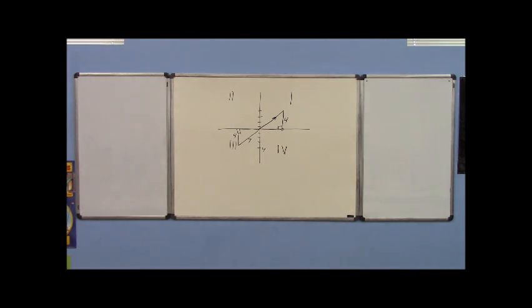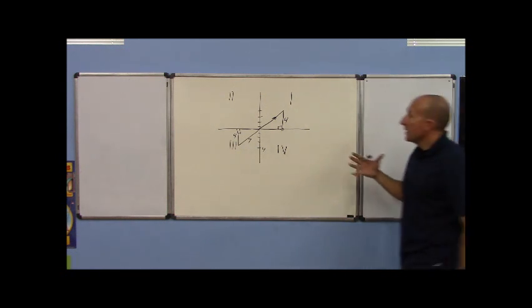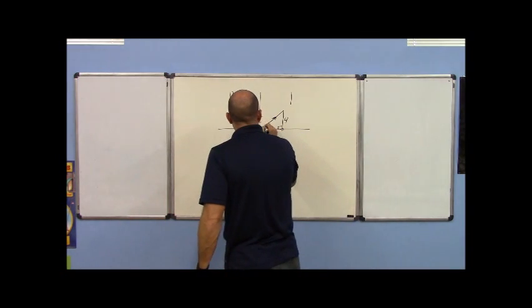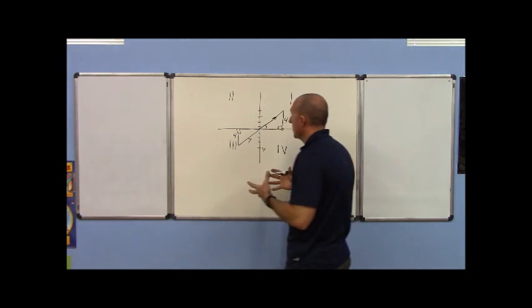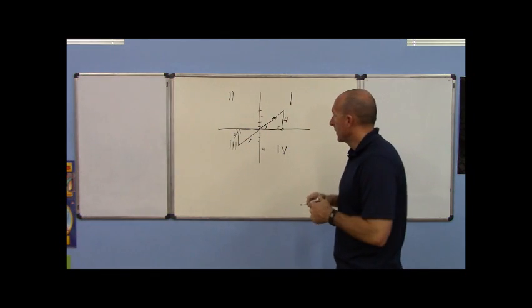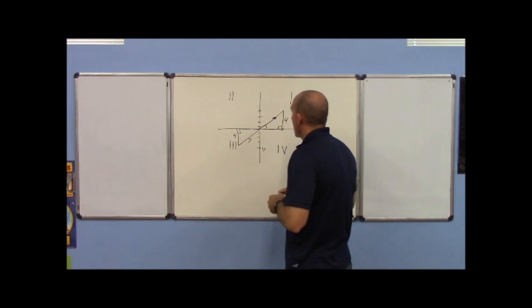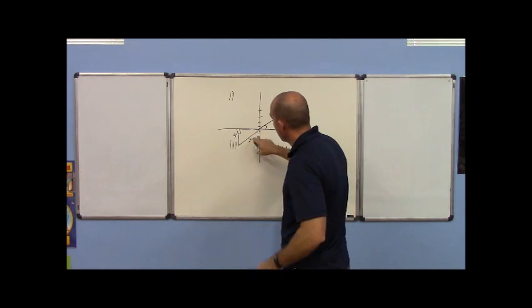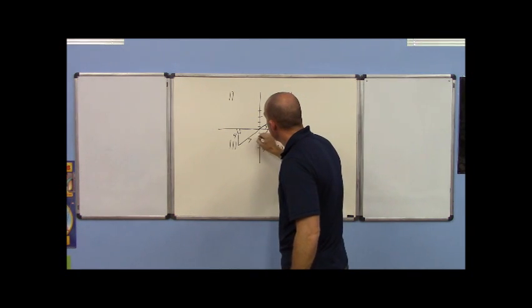Now, what happens is, or what we can use is degrees. Here, we may be given certain degrees. So from here, you may be a negative, say, 120 degrees.